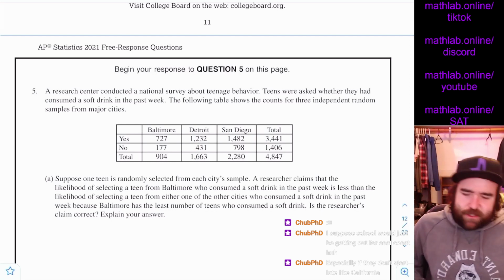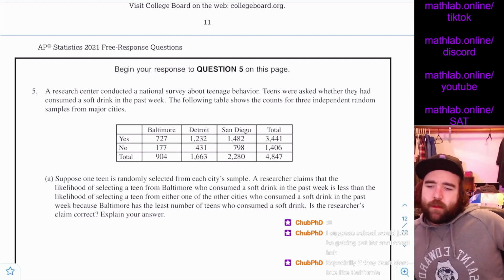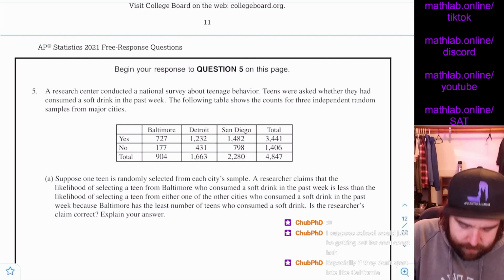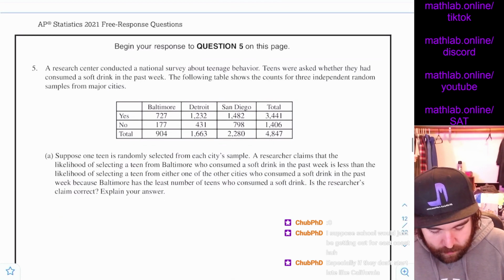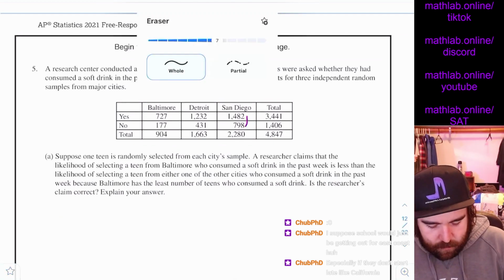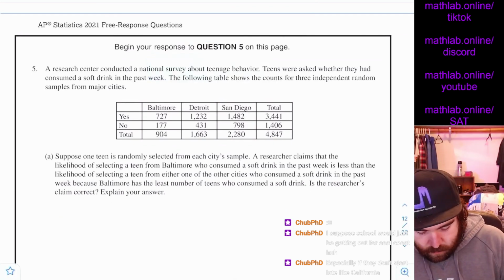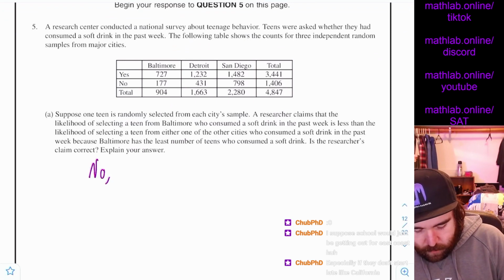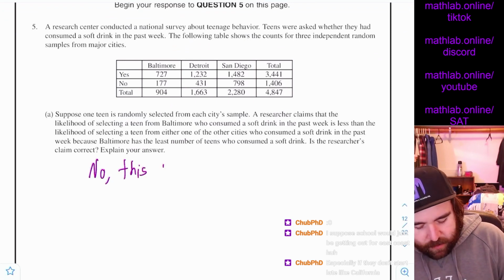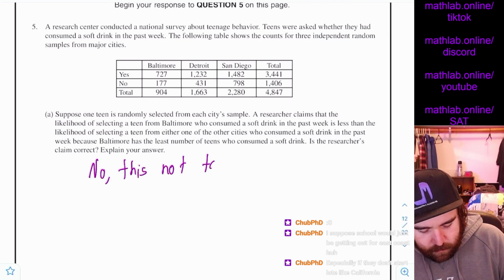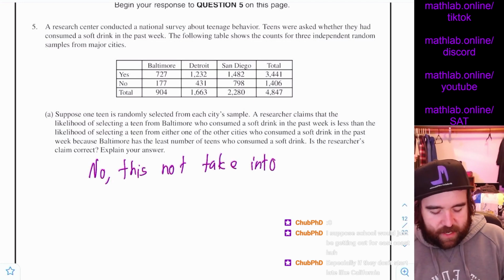No, because the population was just lower. Oh yeah, look, San Diego is half. No. This does not take into account who you're choosing out of.